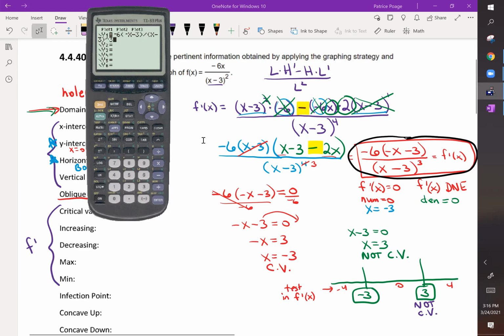Some people in my earlier class had forgotten, or they cleared their calculator and they weren't able to ask for their table. It's okay if you're not able to ask it and you're testing integers, but if you're testing fractions, you need to be able to ask it. So make sure when you go to second window, underneath independent, it says ask right there.